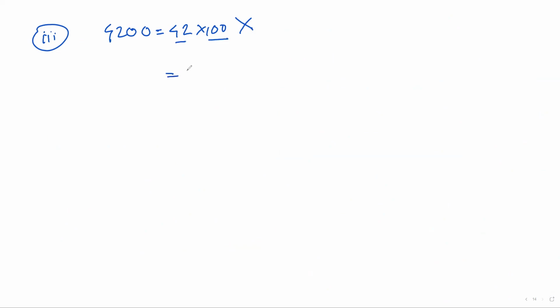But if you wrote 2 cube times 525. 525 is nothing but 3 times 5 squared times 7.